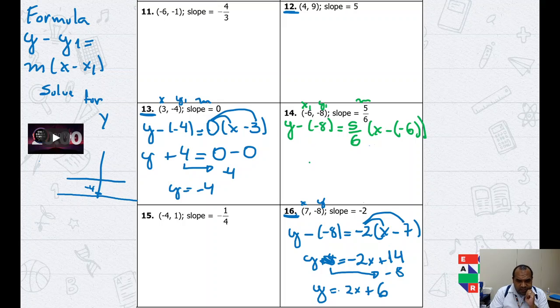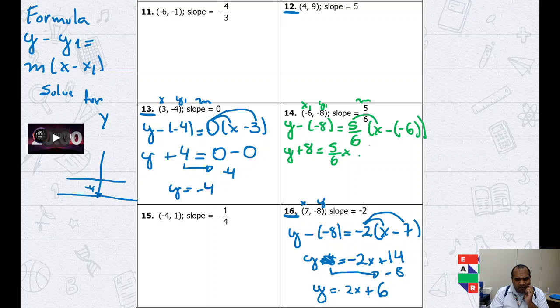Great. Right now, just rewrite as a positive and I will distribute after. y plus 8 equals 5/6x. Negative times negative is positive. 5/6 times 6, it is 5. 5 times 6 is 30. 30 divided by 6 is 5.